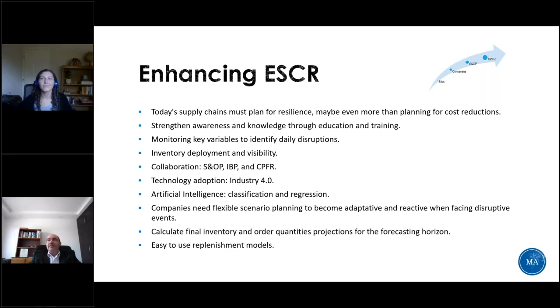You'll see in this presentation that it's not the same to do those calculations just for one period of time as for the whole horizon. And of course, you should implement easy to use replenishment models. Take a look at the words easy to use replenishment models, please.